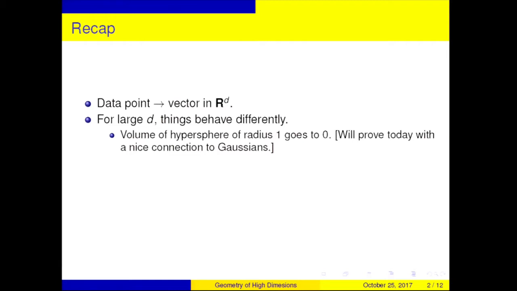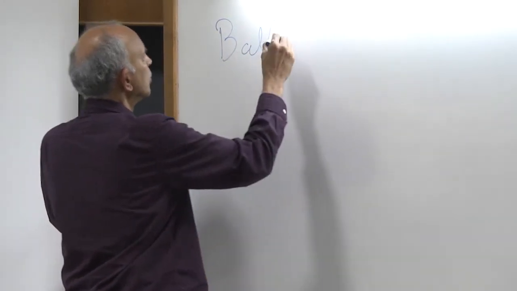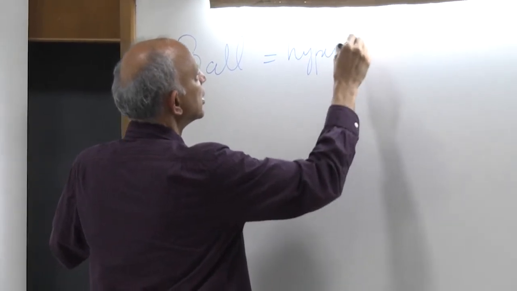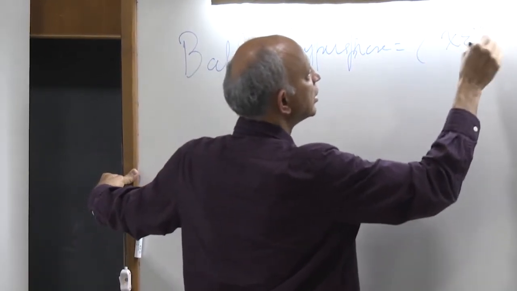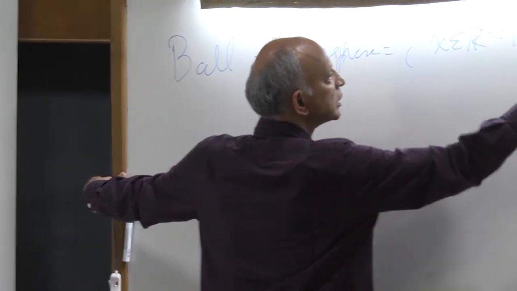So one of them was that I told you, and we'll prove that today, that the volume of this hypersphere, I keep exchanging these two terms, but they mean the same thing. The unit ball, hypersphere, all mean the same thing. It is the set of x in R^d such that the length of x is less than or equal to 1.